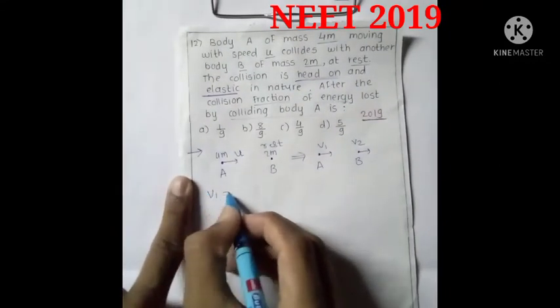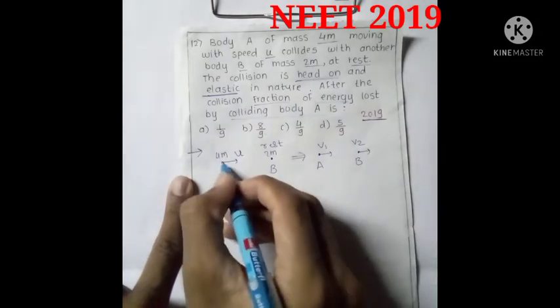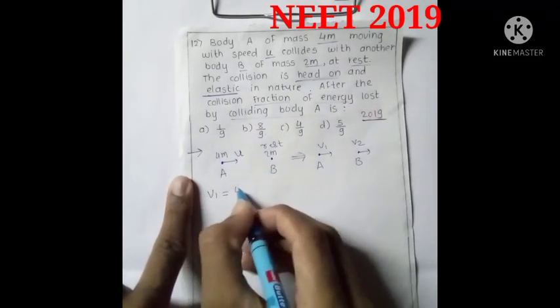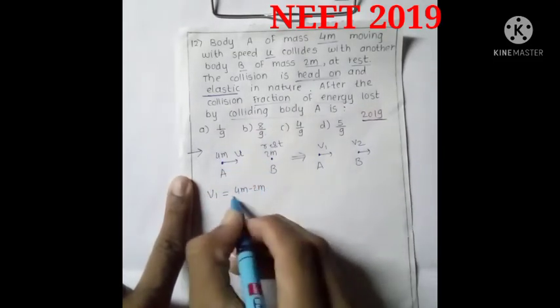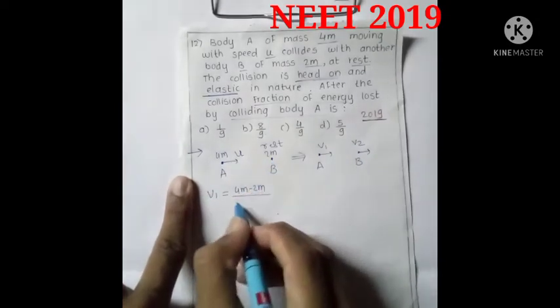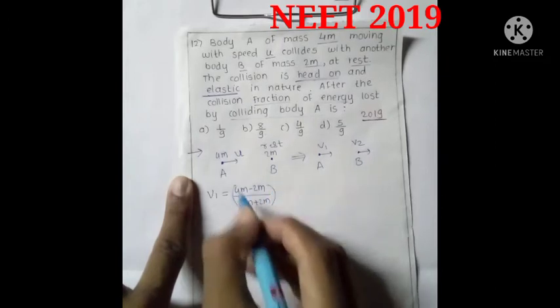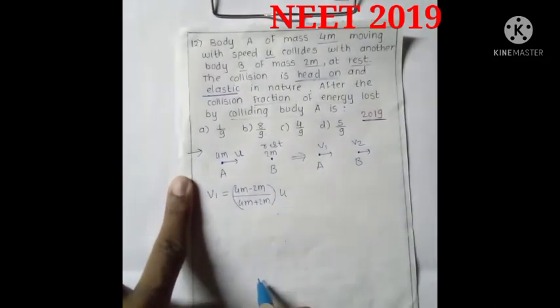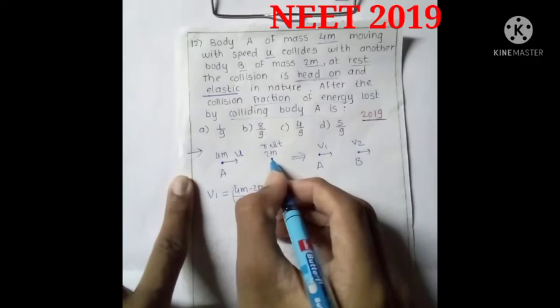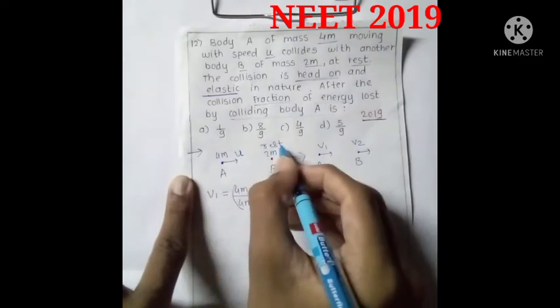So v1 is equal to (m1 minus m2) upon (m1 plus m2) into u1. Suppose this is m1, this is m2, this is u1, this is u2.